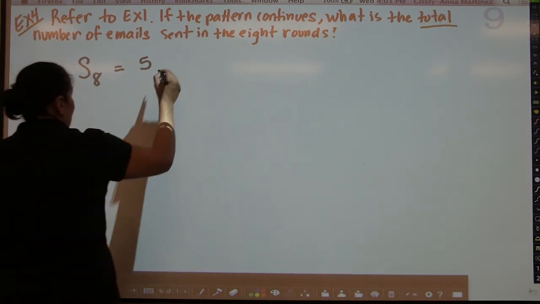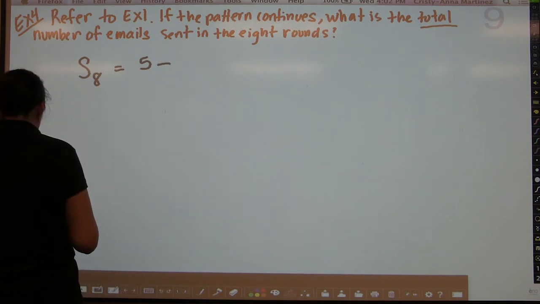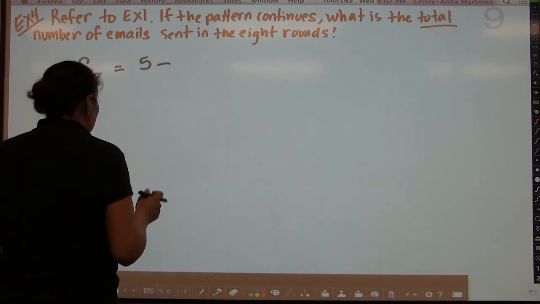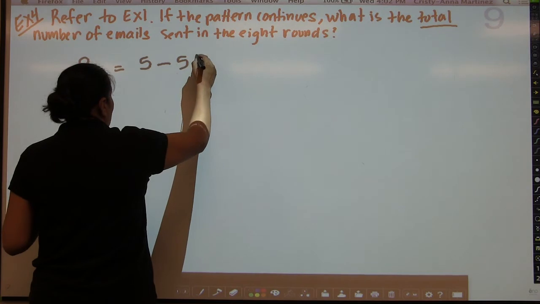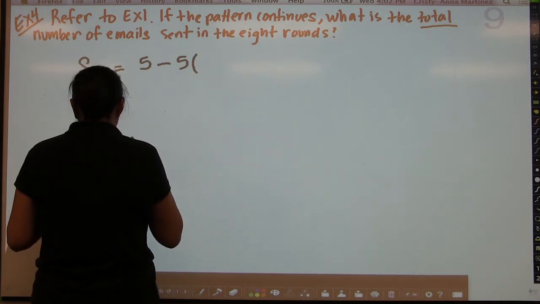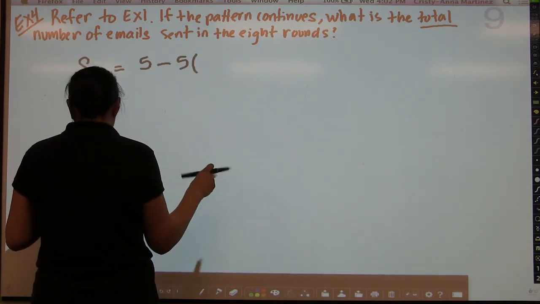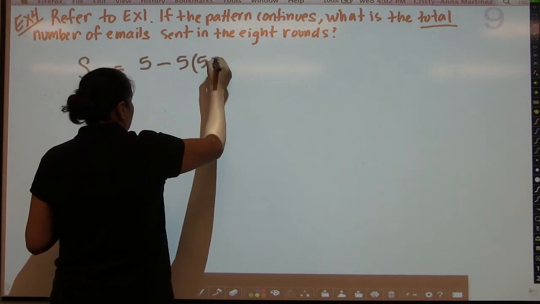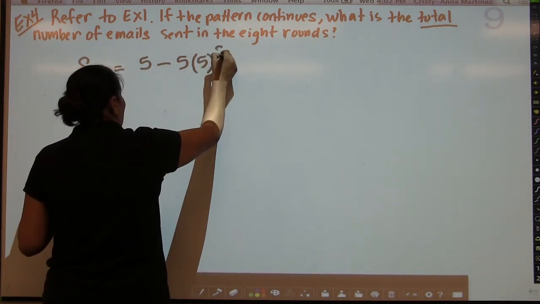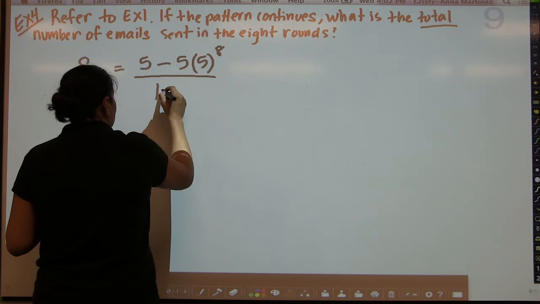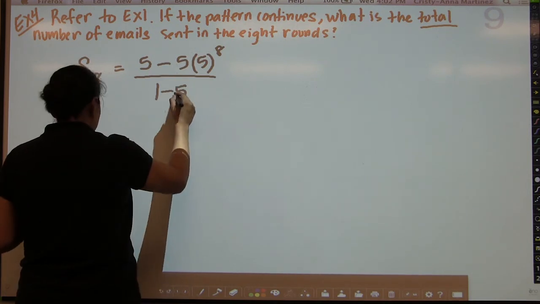So then the formula says a sub 1 minus a sub 1, so minus 5 again, times the common ratio, which in this case is also 5, to the nth power, which is 8, and then divided by 1 minus r, which in this case is 5.